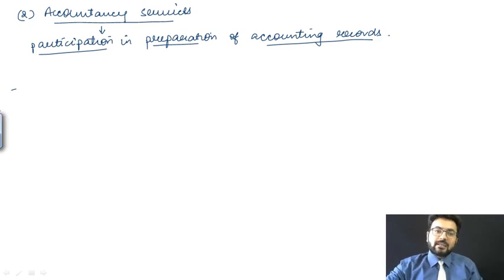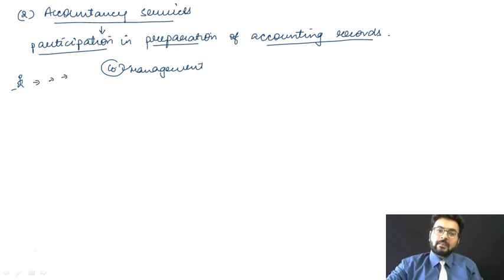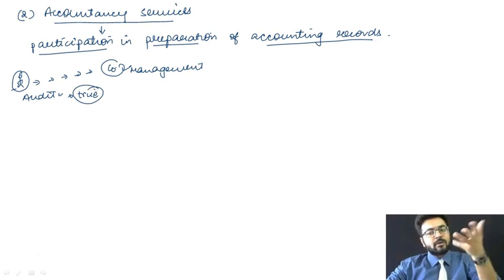How can I do this? There is one person who is making accounts. There is a company. The management is required to make accounts. This auditor is basically helping them in making accounts. And how can we be so much rest assured that if he is going to carry out the audit, his audit is going to be true? How can one challenge his own work? Nobody is going to do that.